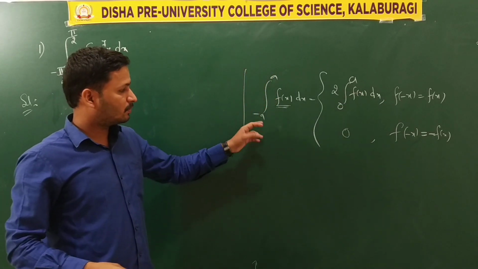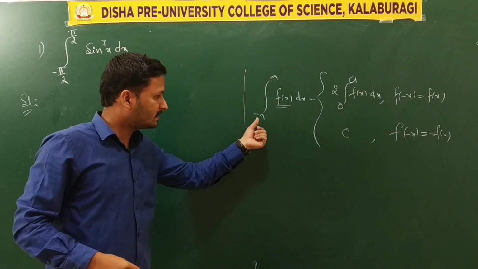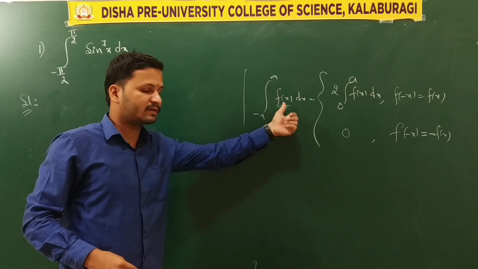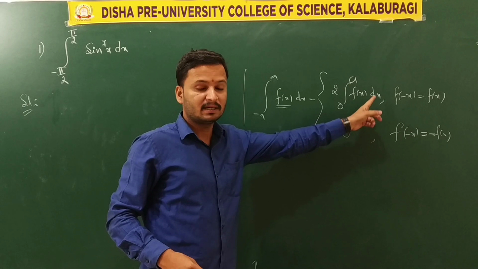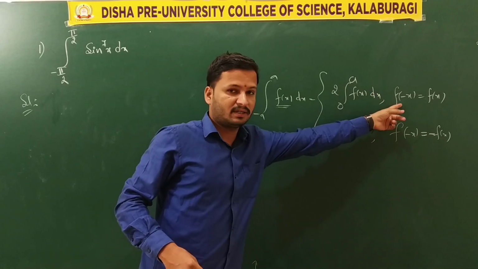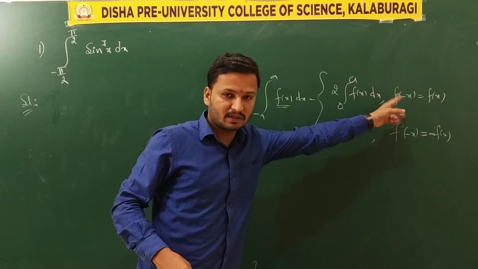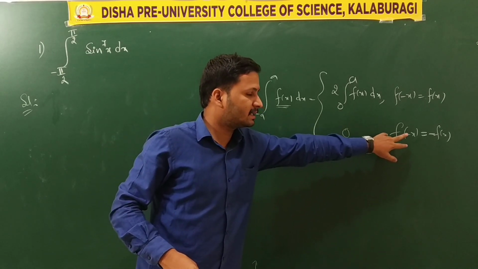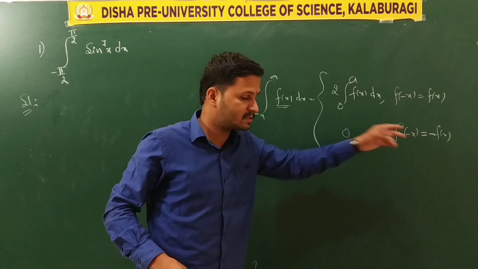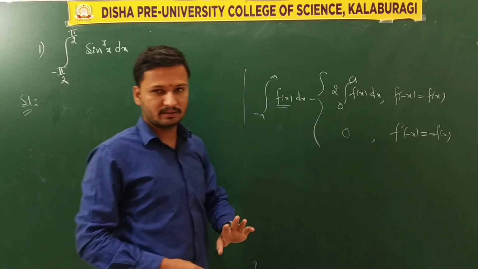So property number 8 says that integration from minus a to a f of x into dx is 2 times of 0 to a f of x into dx if the function is even, that is f of minus x is equal to f of x. If the function is odd, that means f of minus x is equal to minus f of x, then the value of the integral is 0.